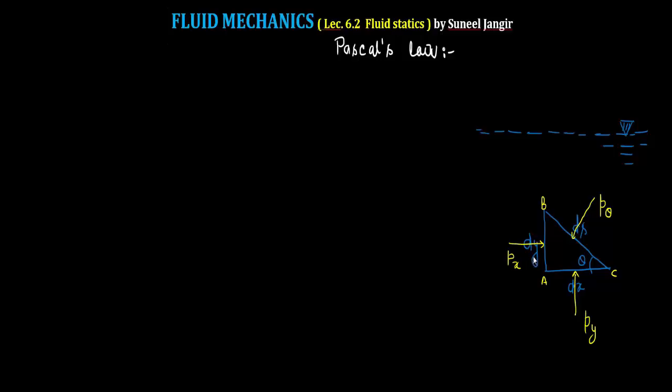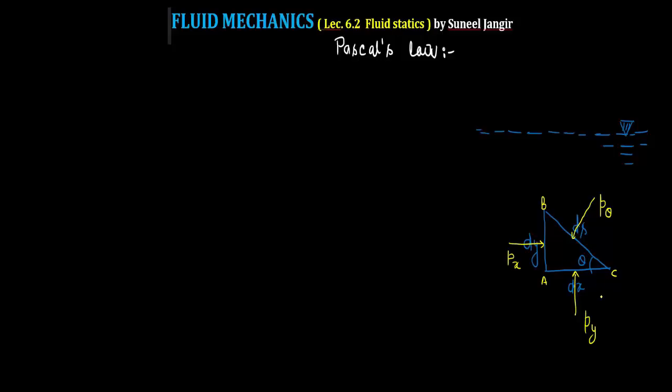So now, as we know the pressure intensities everywhere on this element, if this element is very small, the dimensions dx, dy, and ds are also very small, so we can ignore the weight.